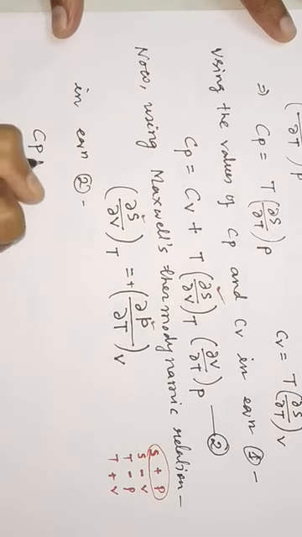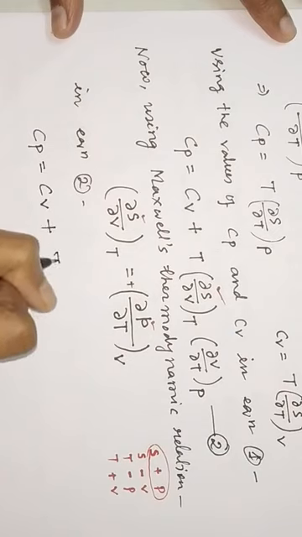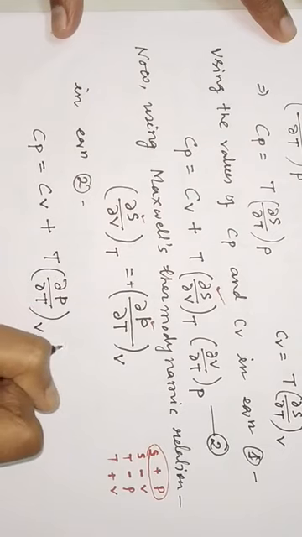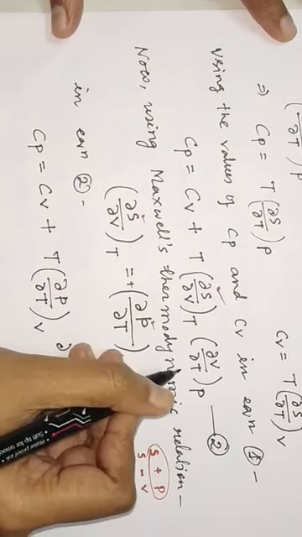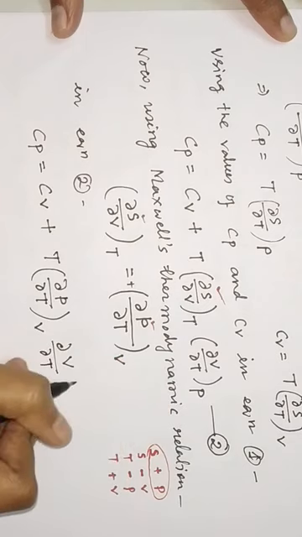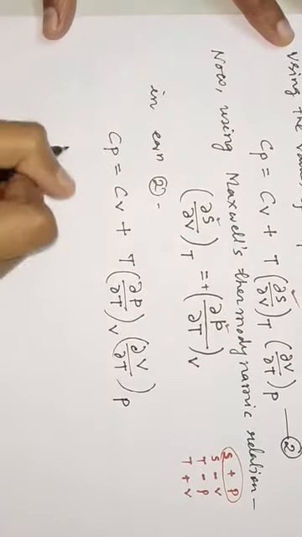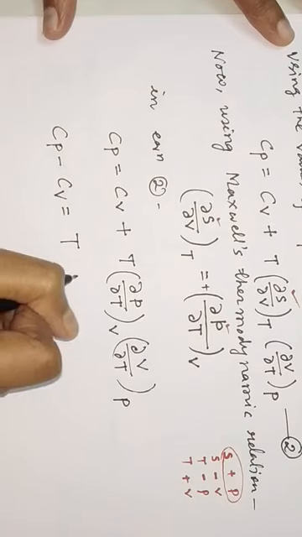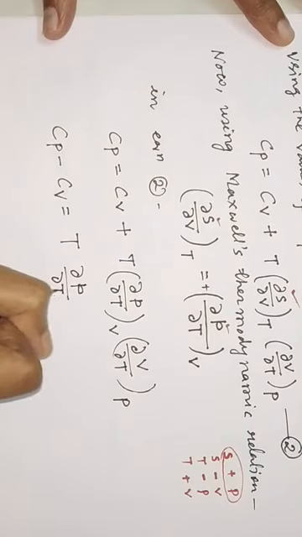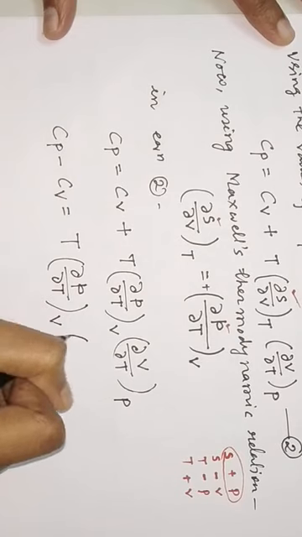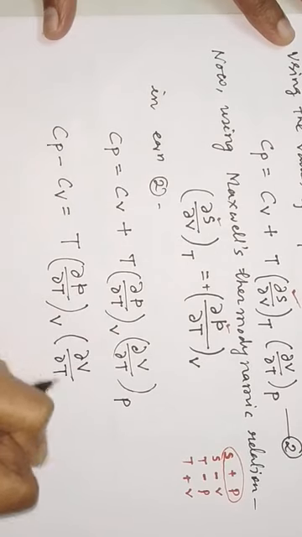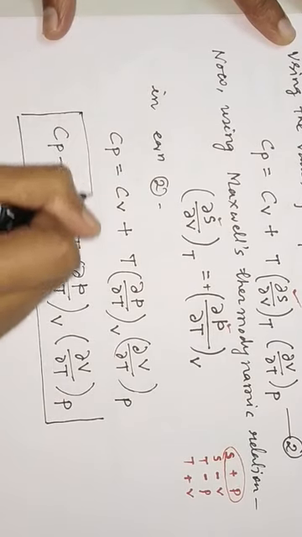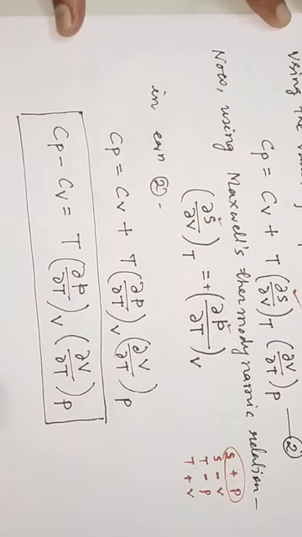So it becomes Cp equals Cv plus T del P del T at constant V into del V del T at constant P. Now bringing the Cv to the left hand side, we have Cp minus Cv equals T del P del T at constant volume V into del V del T at constant P. So this is the first expression for the difference between the two specific heats Cp and Cv.